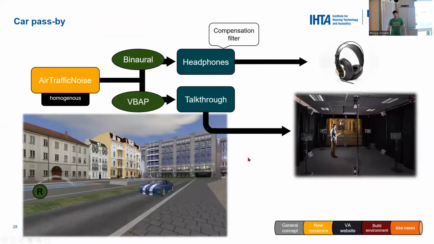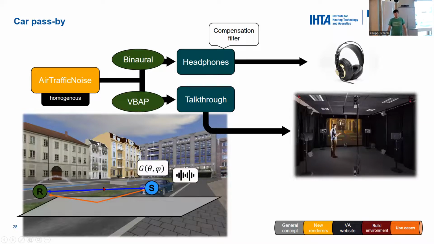So even though this renderer is called air traffic noise, you can still apply it to other scenarios. For example, a car pass-by, because it also allows to use a homogeneous medium, meaning we have straight sound paths. And if we take a look at this scene down here, it might be reasonable to have a scenario like this.